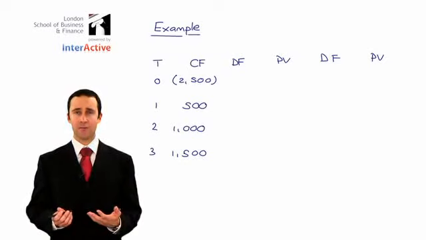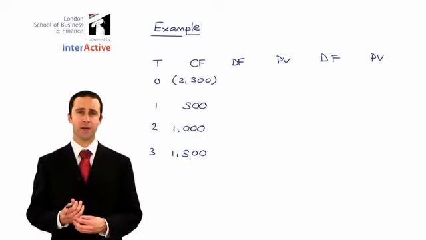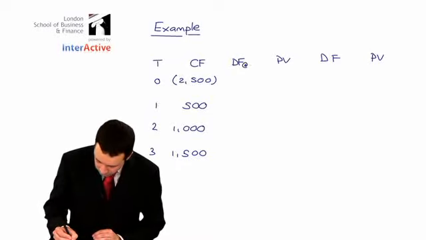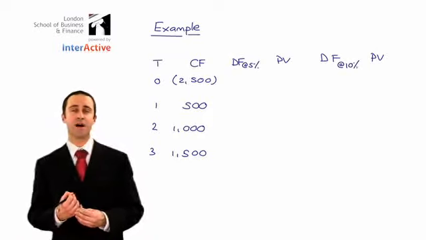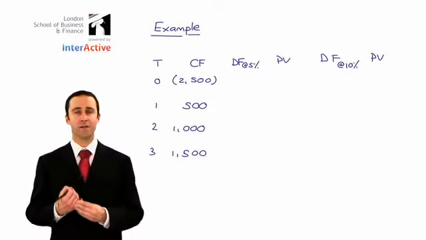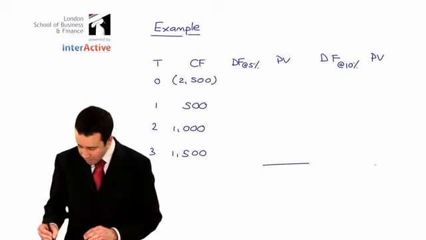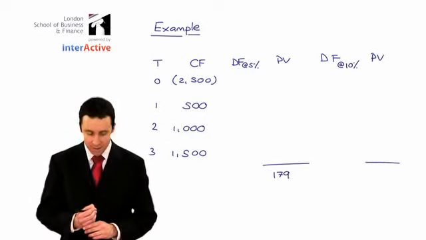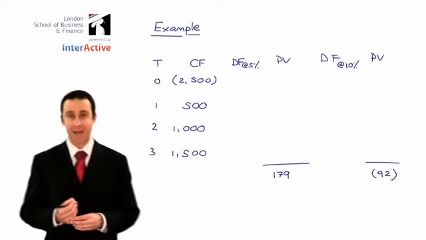What I'd like you to go through and do, just to get you back into the habit of calculating your internal rate of return, is to go through and, for this series of cash flows on this project, calculate an IRR using a discount rate of 5% and a discount rate of 10%, which should hopefully, with a bit of rounding, give you a total present value of 179 at 5% and 92 at 10%.